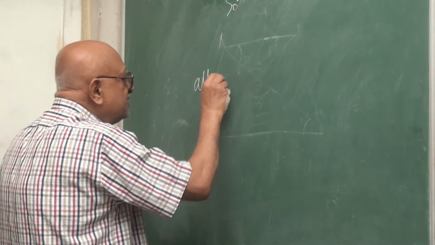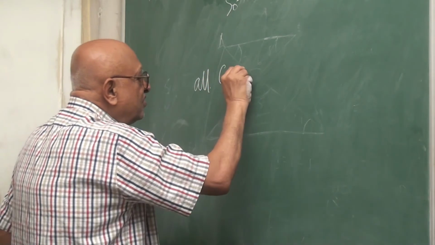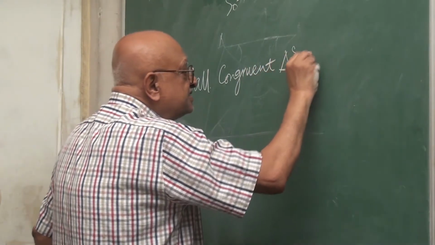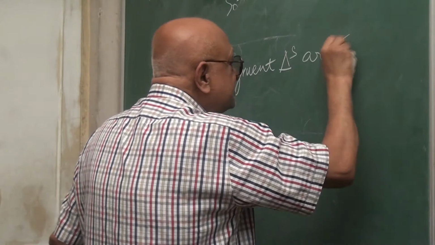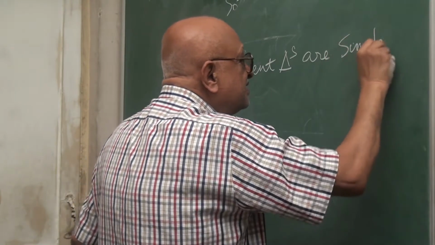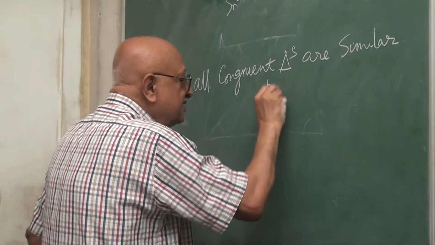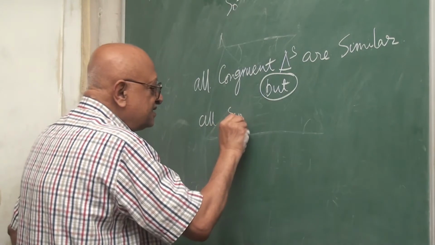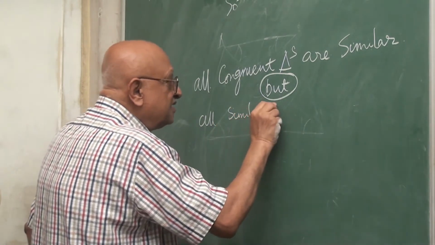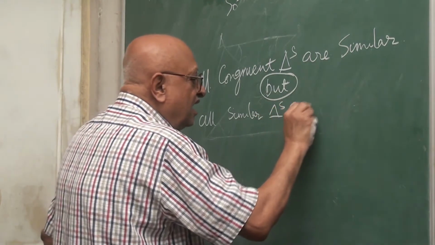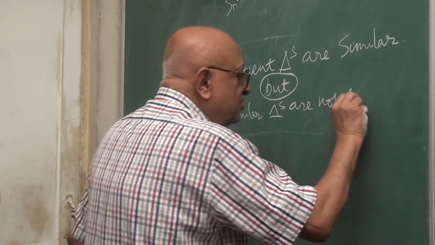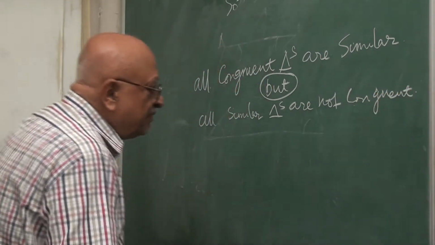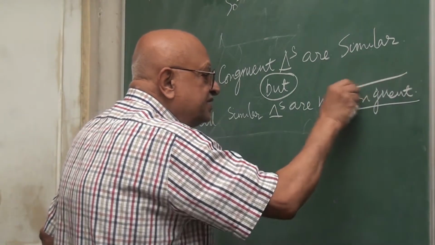All congruent triangles are similar, but all similar triangles are not congruent.